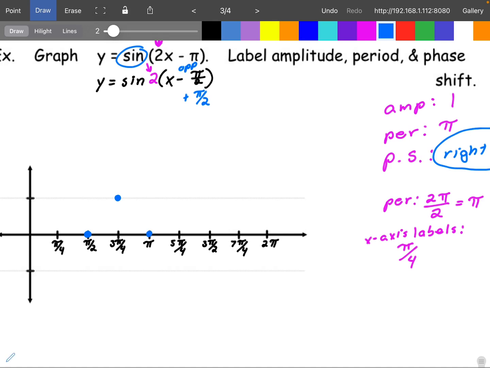It's going to go back to 0, then it's going to go down to negative 1, and then back to 0. And then since they didn't say that I had to do more than one full period, I'm going to stop there. I have my 5 main points. I'm good to go. I'm going to connect those and be done.